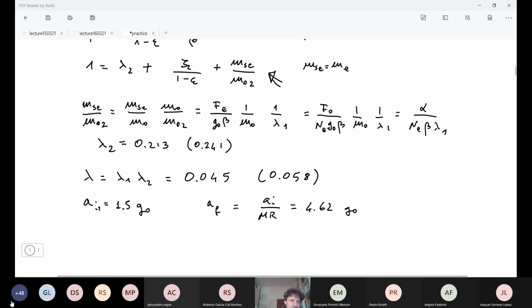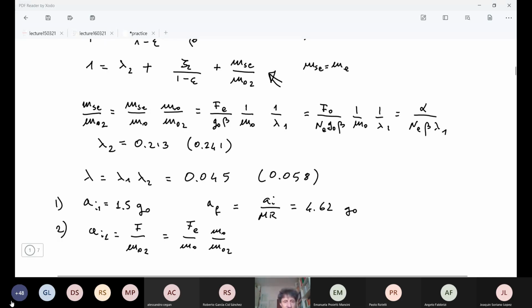Let's look now to what happens to the second stage. The initial acceleration will be F over M02. And now our F will be the thrust given by the single engine, and it can be convenient to make appear again the initial mass, because with this we can relate the value of the engine thrust as we have done just above here.